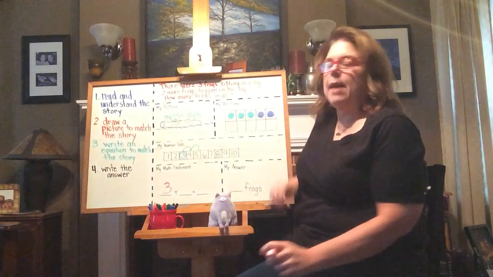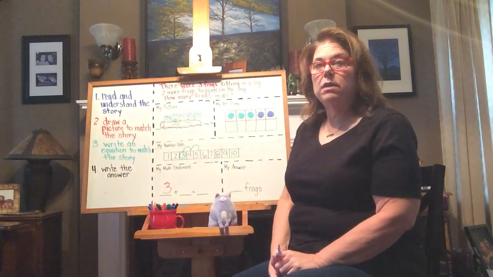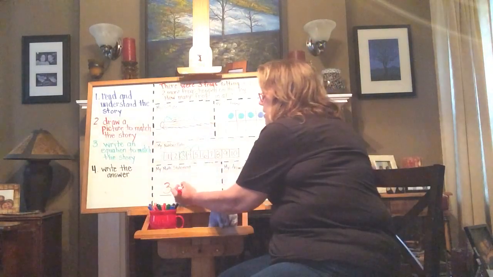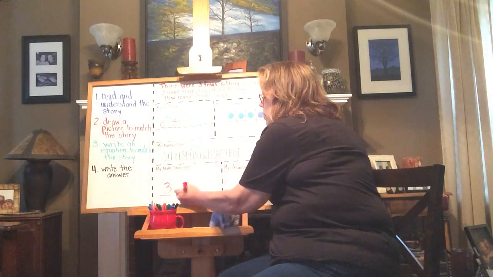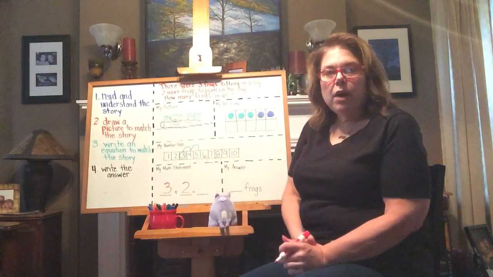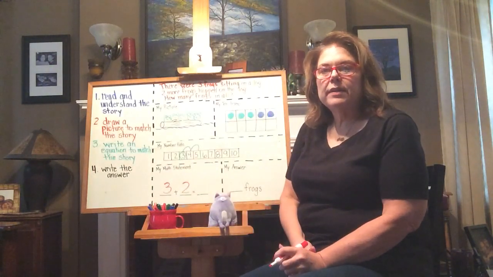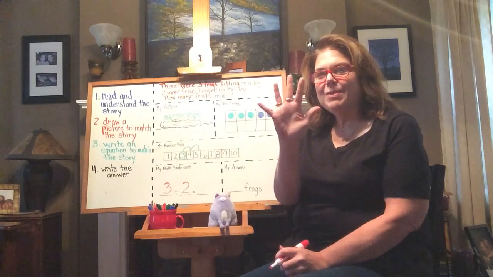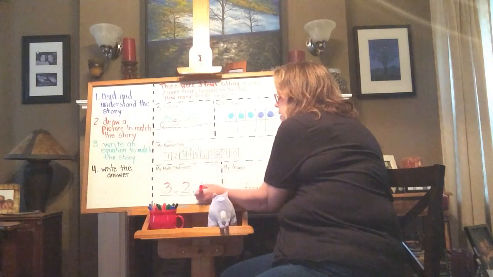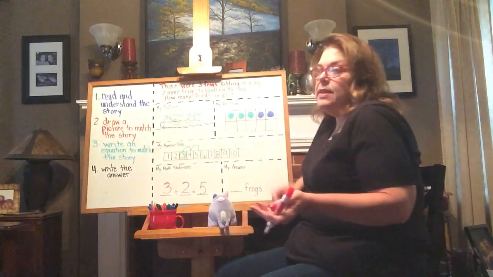Plus, how many more frogs hopped on that log? 2. So we're going to add the number 2. 3 plus 2 equals. How many frogs are there all together? Yeah, 5. Show me with your fingers. 5. We found 5.